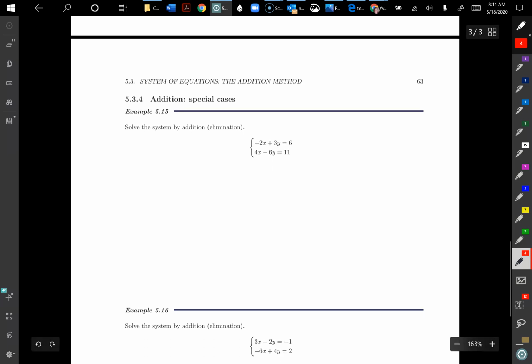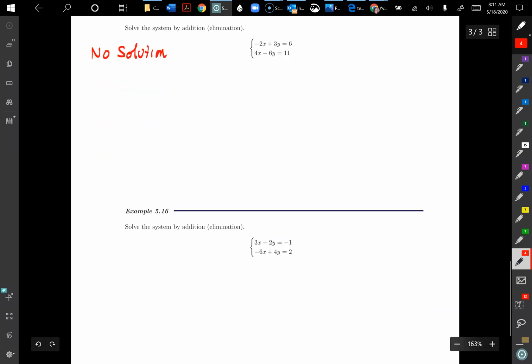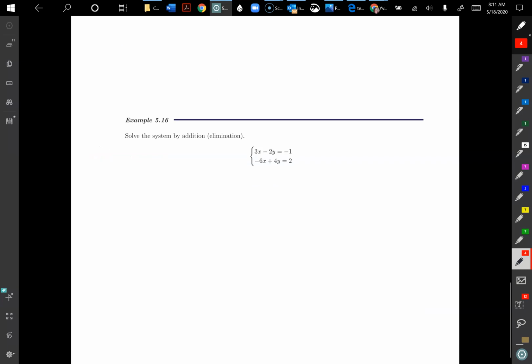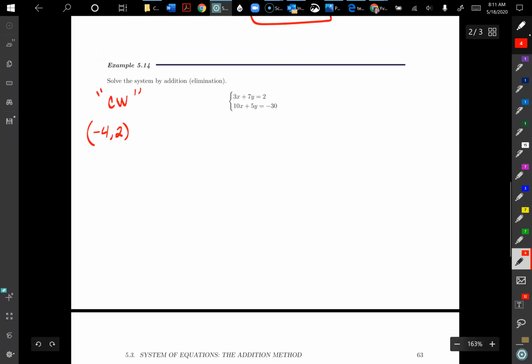And then here, this one is going to be no solution. And again, we call that inconsistent. And this one is going to be an infinite number of solutions. You can abbreviate that. And that is, again, consistent, but dependent. All right. So go ahead and try those.